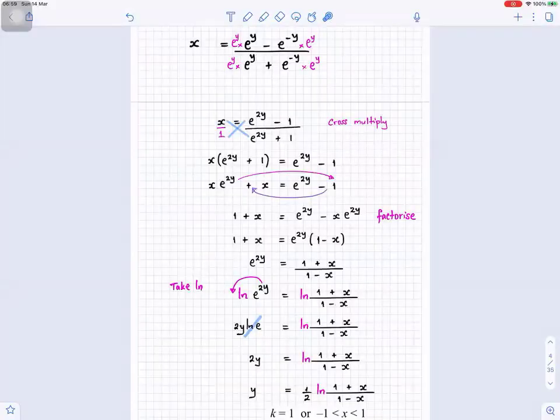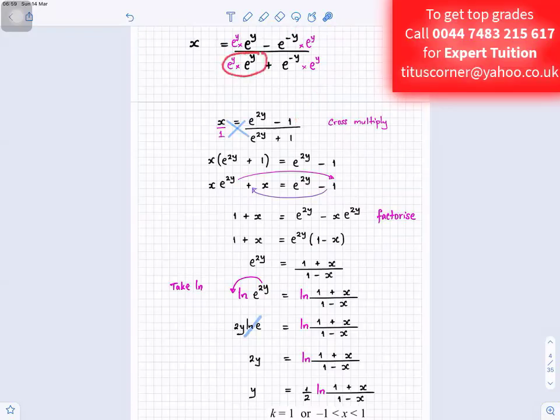When you multiply, e to the y times e to the y gives e to the 2y. e to the minus y times e to the y gives minus y plus y, which is 0, and e to the 0 is 1. In the denominator, e to the y times e to the y gives e to the 2y, and minus y plus y gives 0, and e to the power 0 is 1.